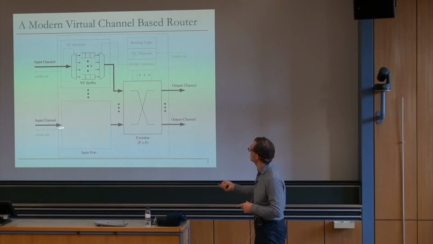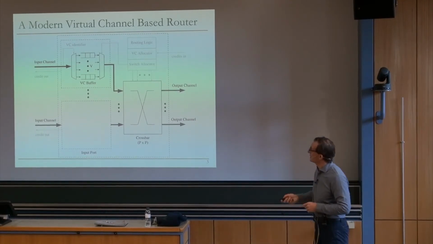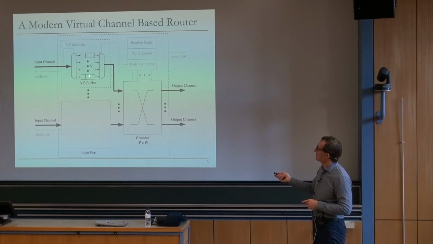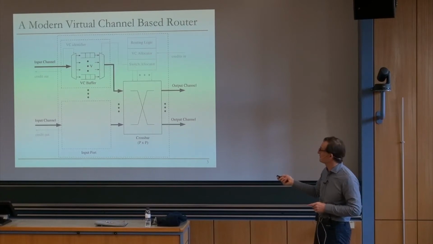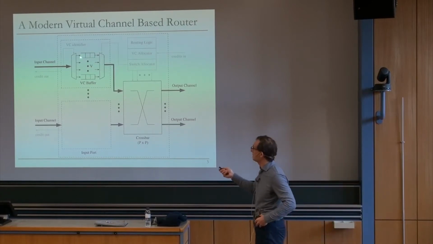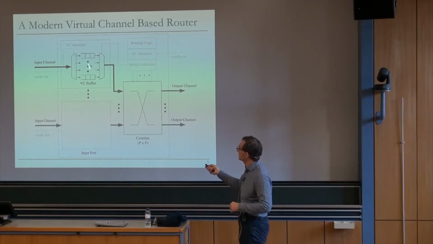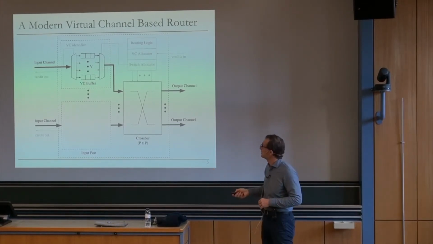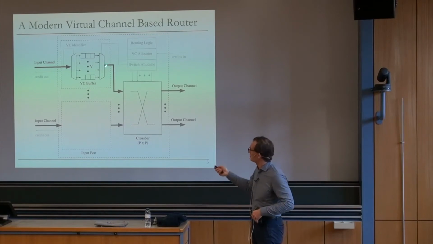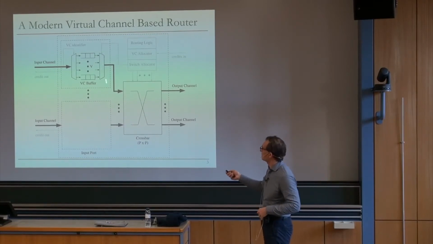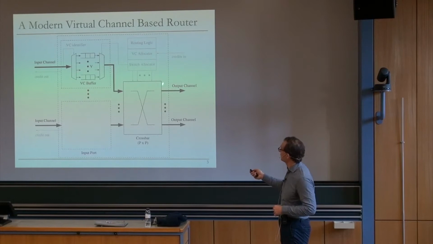You have input ports, you have output ports, and essentially we talked about head-of-line blocking. As a result, we had not a single FIFO, first in, first out queue over here, but multiple FIFO queues. And when you have an input channel, you go into one of these FIFO queues, and then there's arbitration that happens for a given output port.